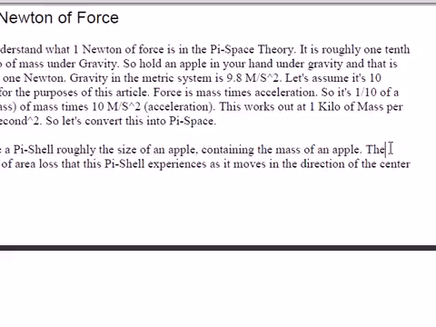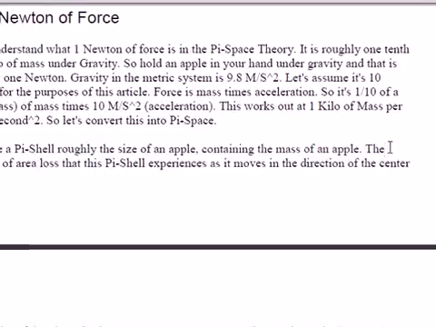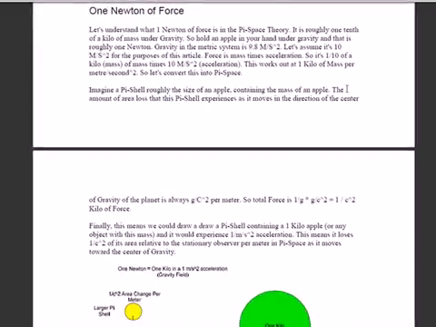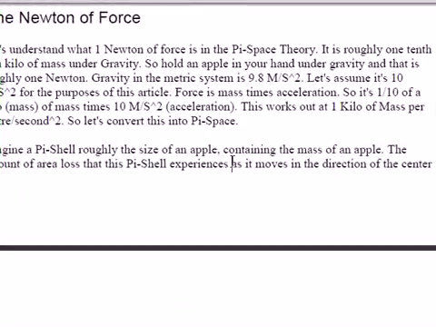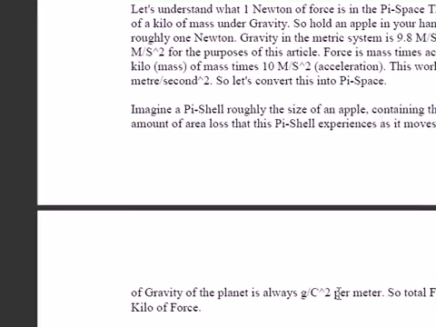If we want to understand what the force is, mass times acceleration, let's try and understand acceleration in terms of pi space. The amount of area loss that the pi shell experiences as it moves in the direction of the center of gravity is always g over c squared per meter.